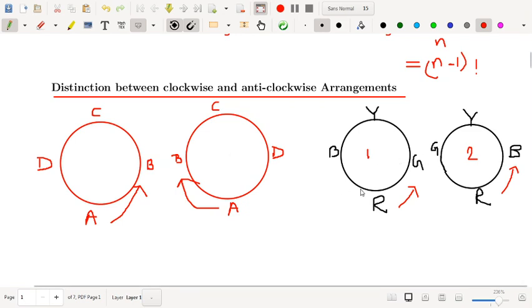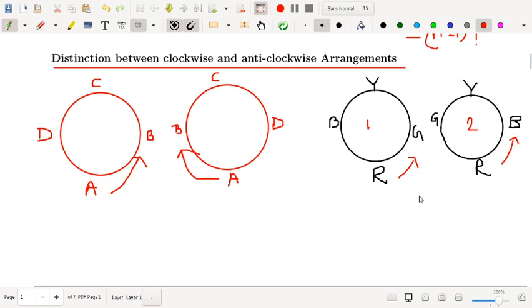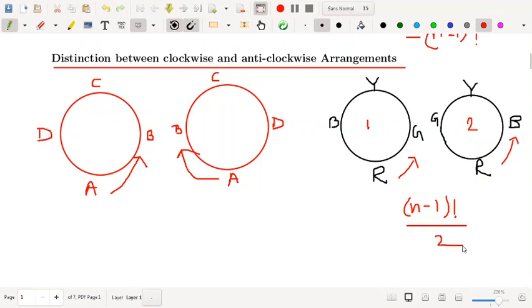So when clockwise and anti-clockwise arrangements are not different, that is when observation can be made from both sides, the number of circular arrangements of n different things is factorial n minus 1 by 2. Because observations can be made from both sides, the number of circular arrangements of n different things will be this, because clockwise and anti-clockwise arrangements are not different.